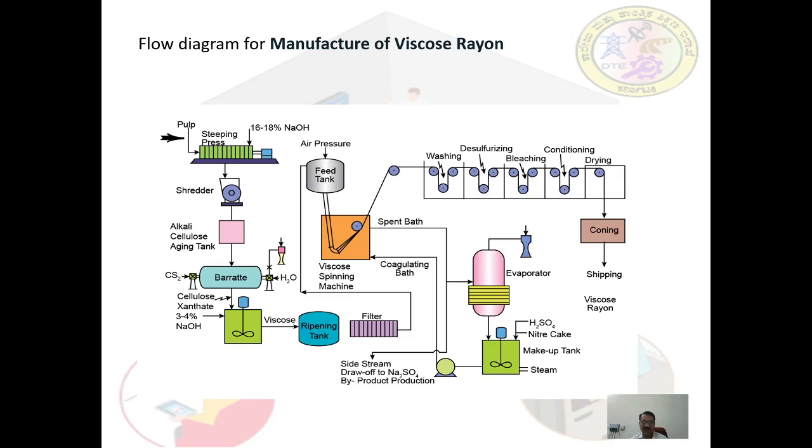The orange cellulose xanthate which forms is transferred to a stabilizer, wherein it is mixed into dilute caustic.